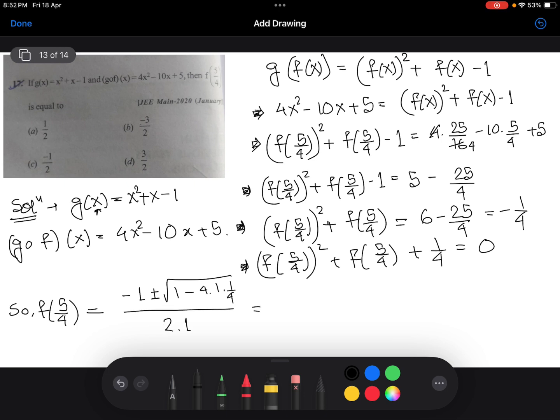Now 1 minus 4 into 1 by 4 cancels out, so 1 minus 1 is 0. So minus 1 by 2. This is the answer. So option C is correct. You get the question? So option C is the correct answer.